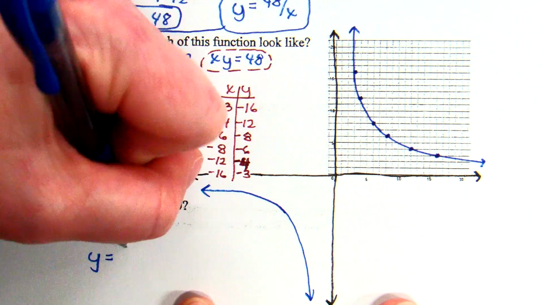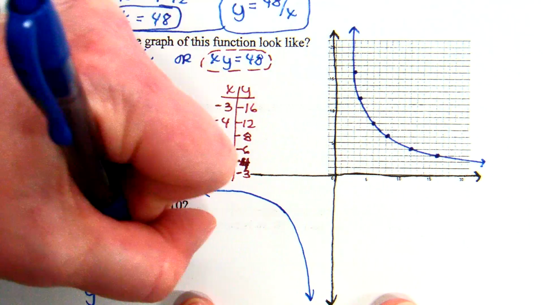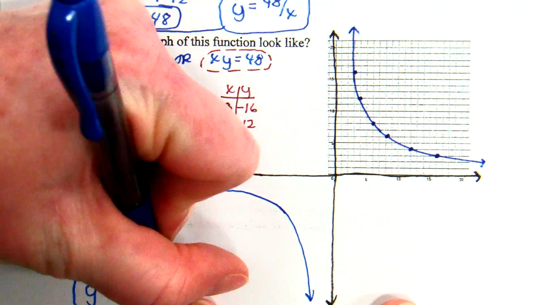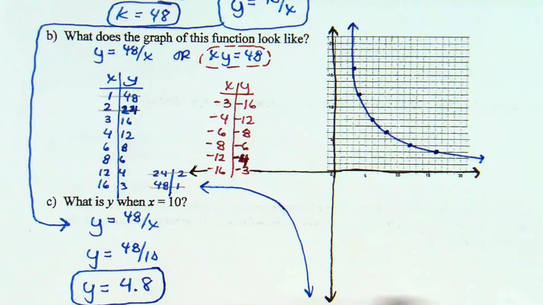And 48 divided by 10 is 4.8. Is that technically another ordered pair on my graph? Yeah, technically we could graph the ordered pair (10, 4.8), and it should land on that curve. Now it's a decimal, so am I actually graphing it? No.